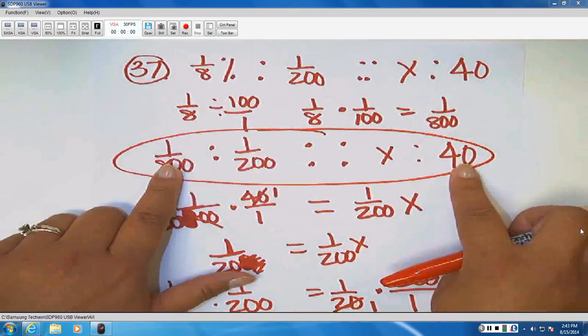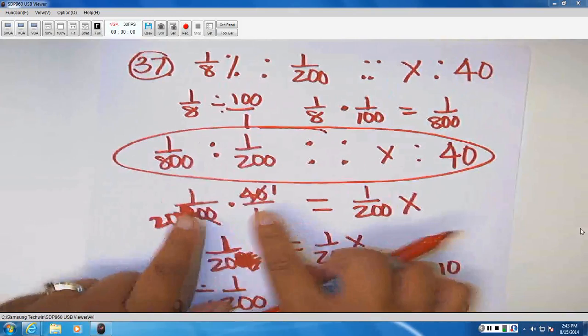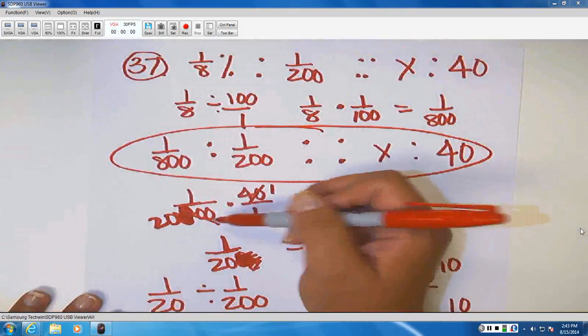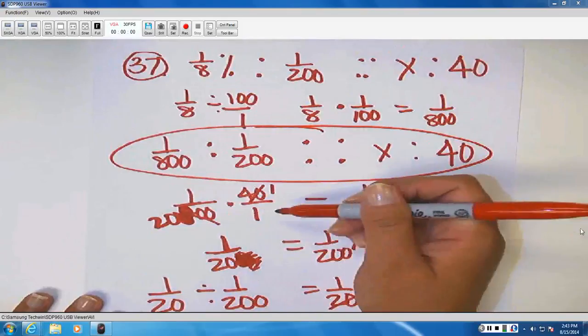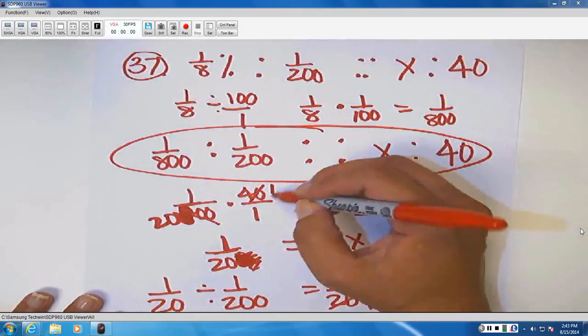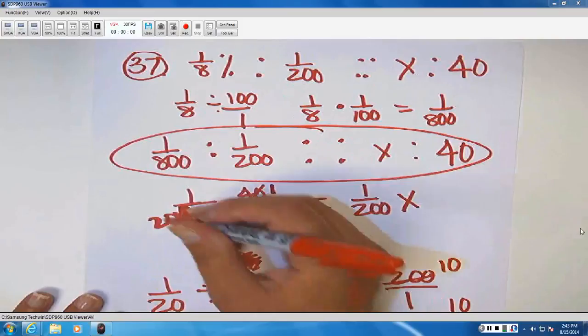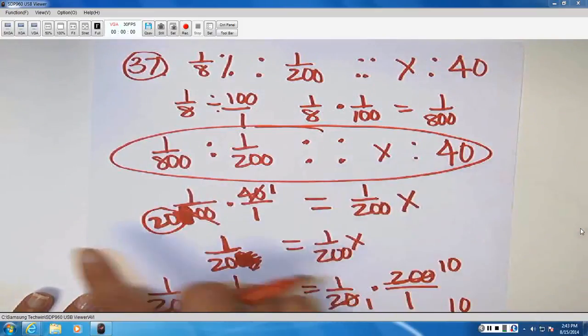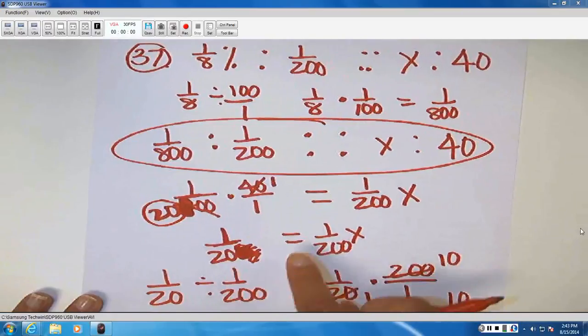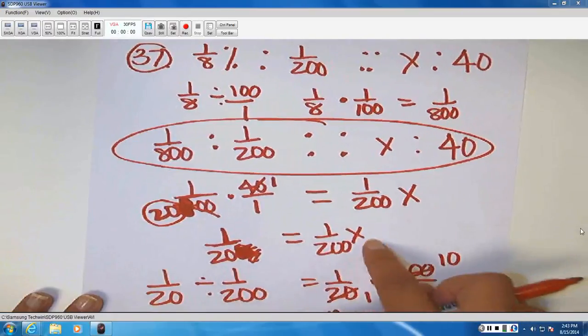We took our two extremes, multiplied them together, took our two means, multiplied them together. So we had 1 over 800 times 40. We were able to reduce. 40 went into 40 one time. 40 went into 800 20 times. And then we multiplied across. And we ended up with 1 over 20 equals 1 over 200x.